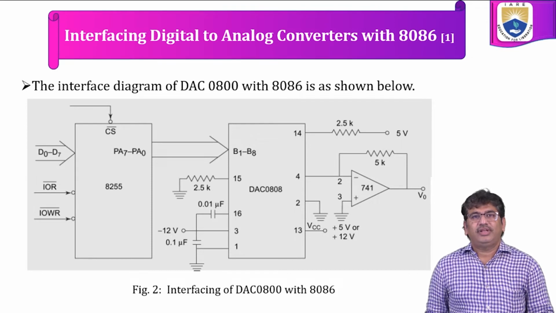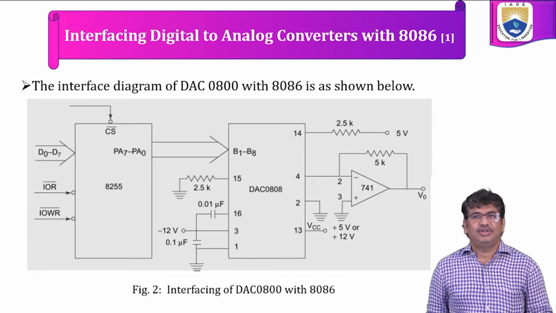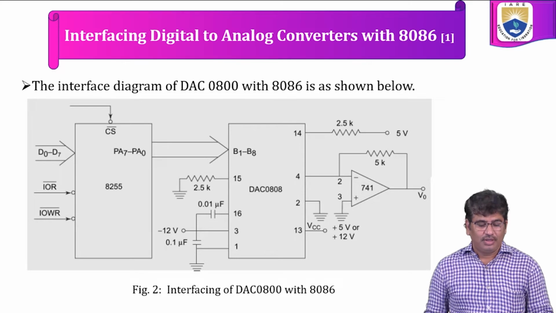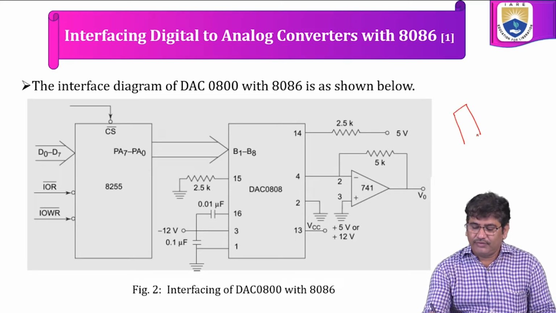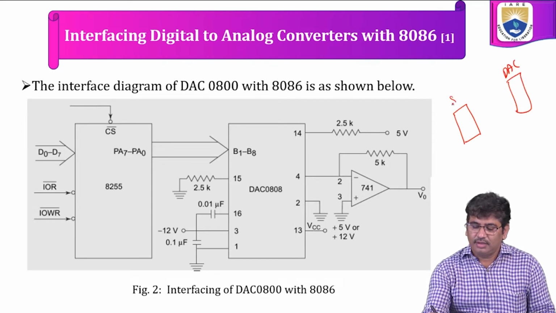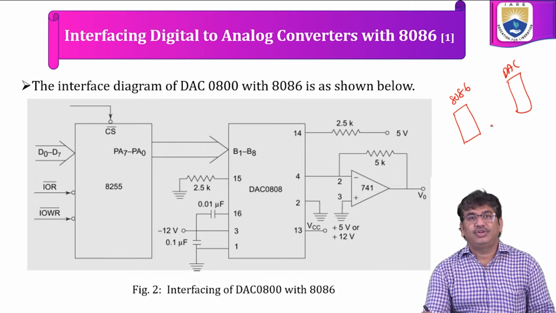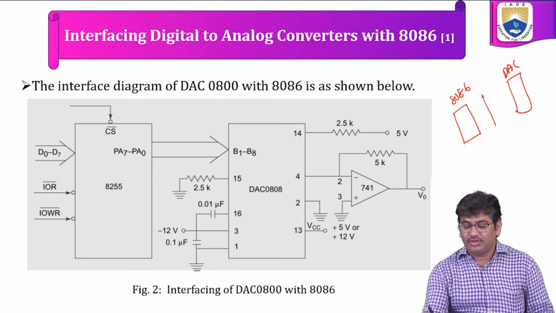A typical interface of DAC 0808 with 8255 is shown in figure 2. From the microprocessor, we want to drive a DAC. As 8086 does not have any ports, we are going to take one interface device, that is 8255.